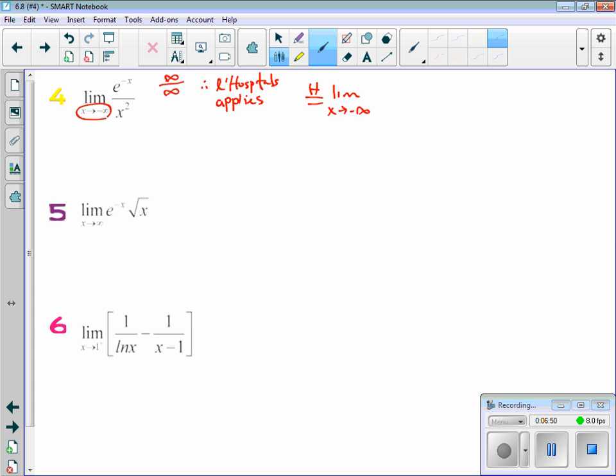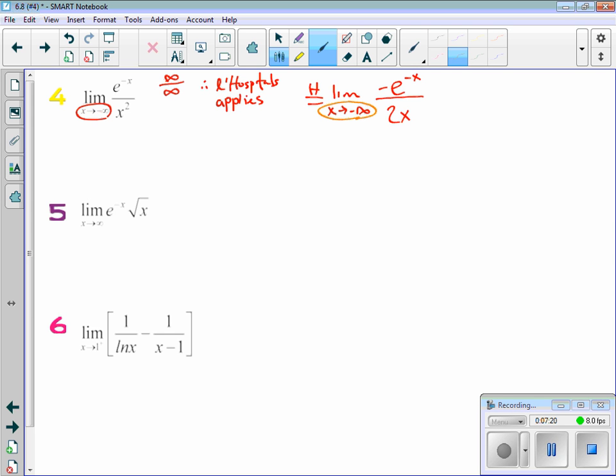So what's the top going to change into? Yep, negative e to the negative x, because it's e to the negative x times negative 1. And the denominator turns into 2x. Okay, so now go ahead and do that direct substitution here.